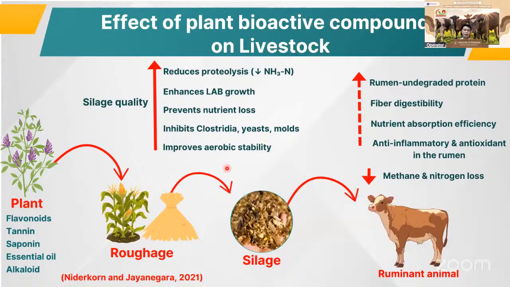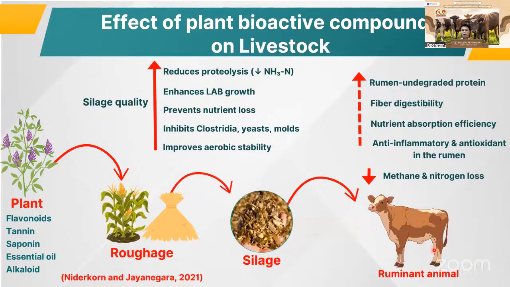Another factor we need is that the silage should have more aerobic stability. So we expect that with plant phytonutrient compound addition, the silage can be kept longer than we need.